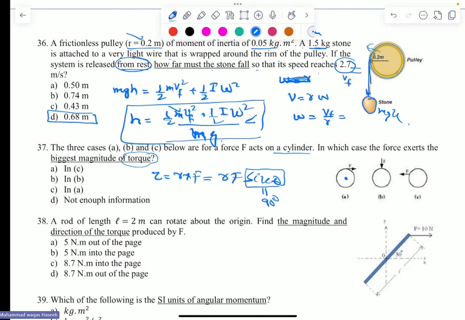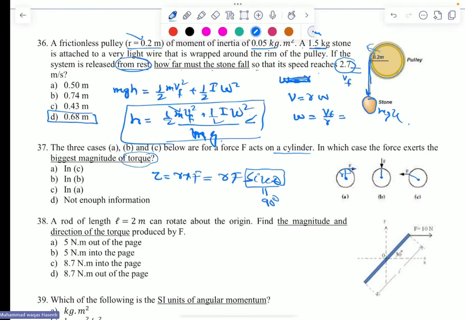So this is the moment arm, this is R and this is F. In the three cases, the angle of 90 degrees occurs only in the first.